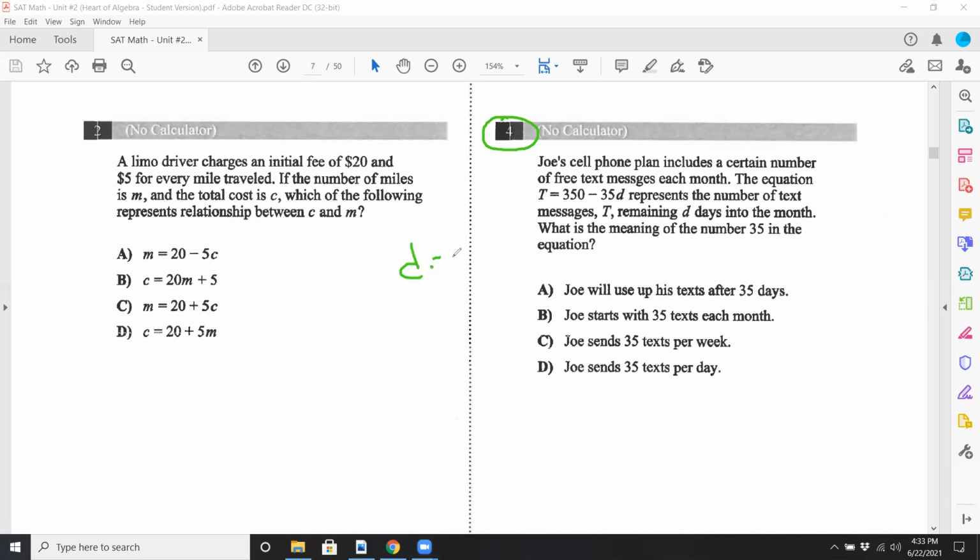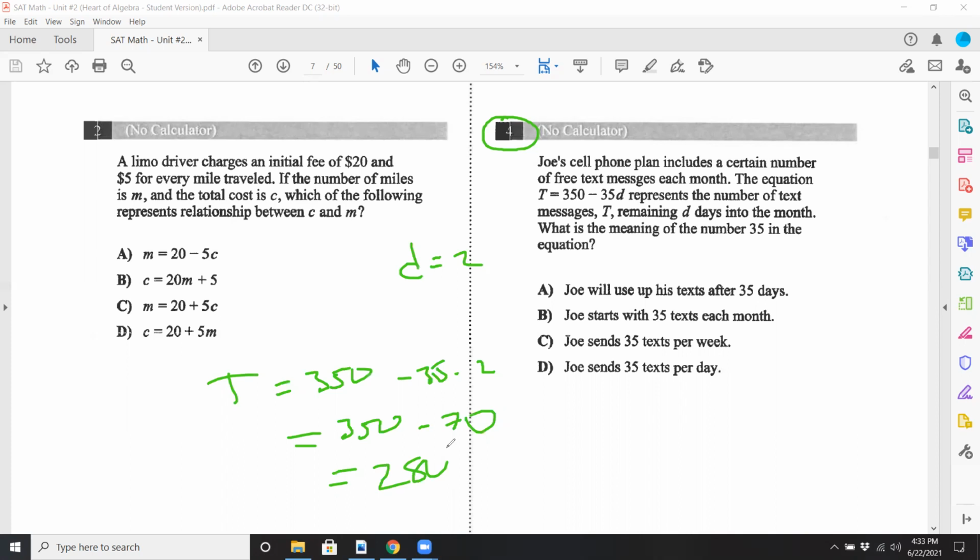Let's say D is 2, just being hypothetical. What does this equation tell me? It tells me he has 350 minus 70 text messages left, or 280 text messages left. That's how many text messages he has left, depending on how many days we're into the month. So if we're 2 days into the month, he only has 280 left in his plan.